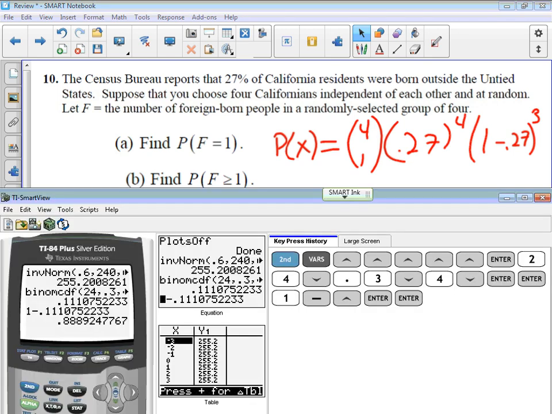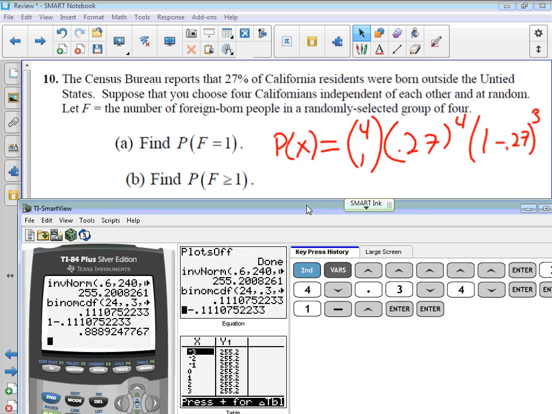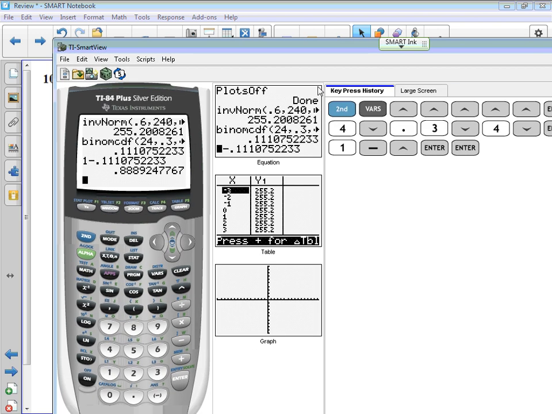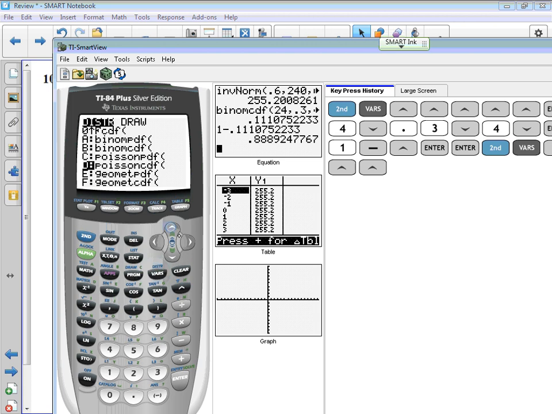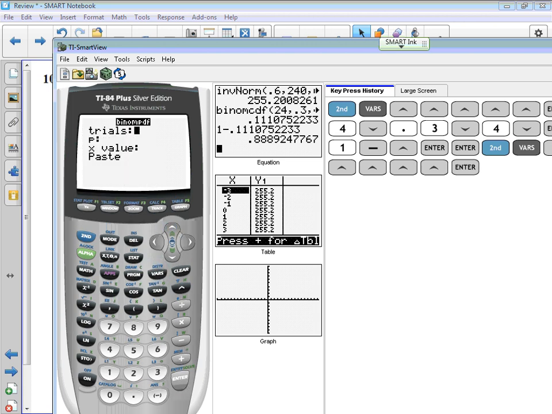So then we can just go to our calculator here, bring it up, and I can do distribution. Now it's a PDF because it's a single value. 4 trials. Probability of success is 0.27. Number of successes is 1.